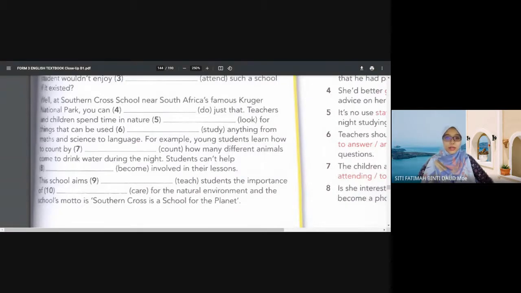Tak tidur. Okay, students can't help becoming or to become involved in their lessons. Becoming involved, very good. This is gerund, after can't help, becoming involved. This school aims to teach students or teaching students?